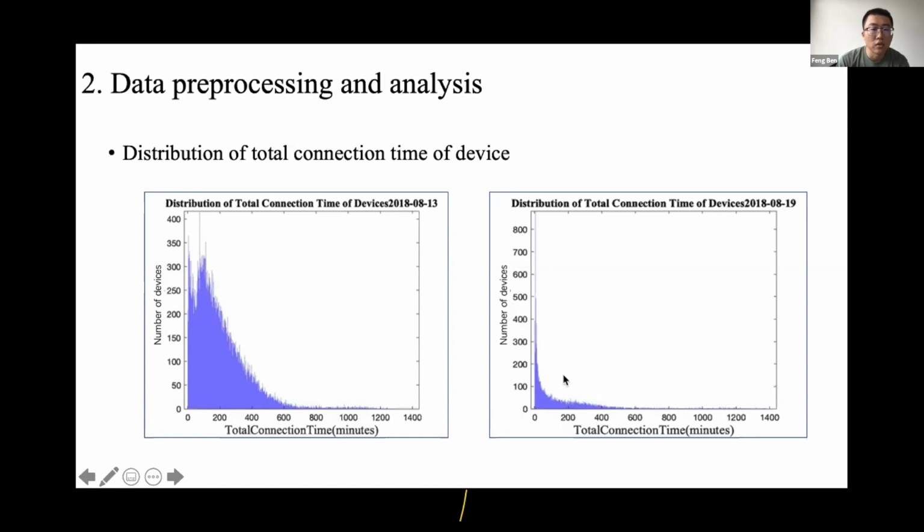For weekends, the distribution peaked around 10 minutes and then dropped. The reason for this phenomenon may be that there are more devices that need to record notes in the classroom on the working days, such as laptops. These devices usually connect for a long time, so the working days have a peak around 1 hour, but the rest of the days do not.